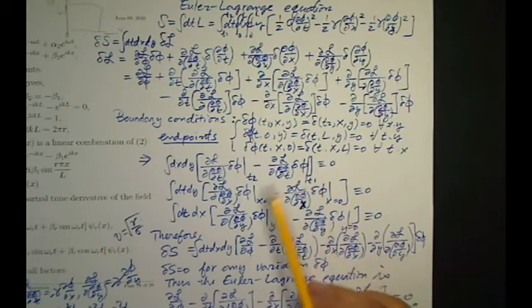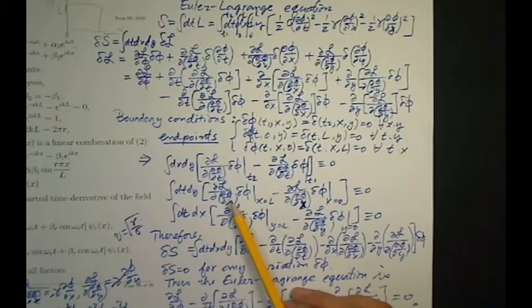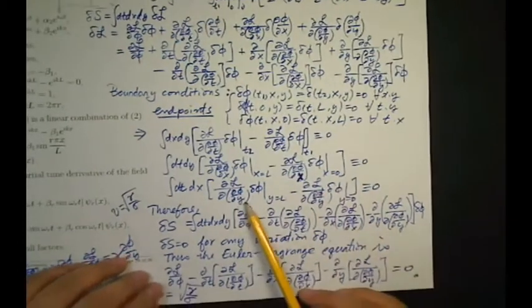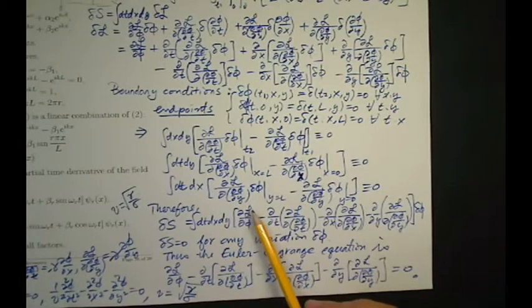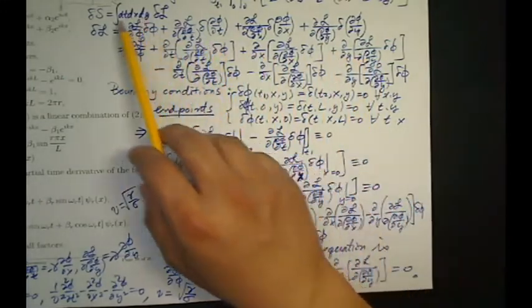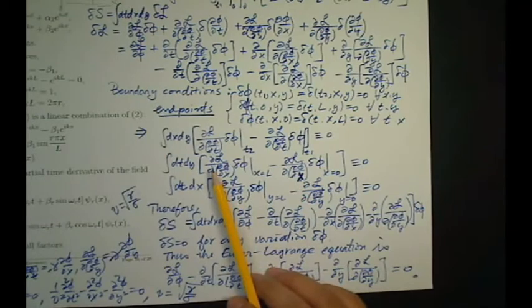In a similar manner, after the x integration, we have boundary conditions to kill this contribution, and after the y integration, we have variation at the endpoints of y. Thus, the total derivatives will disappear eventually after integration.